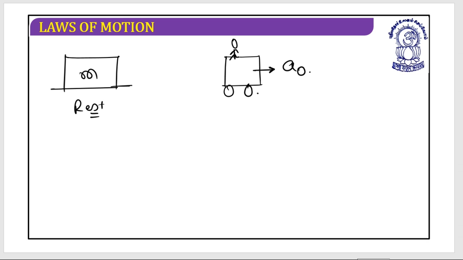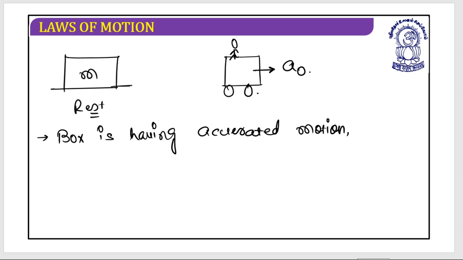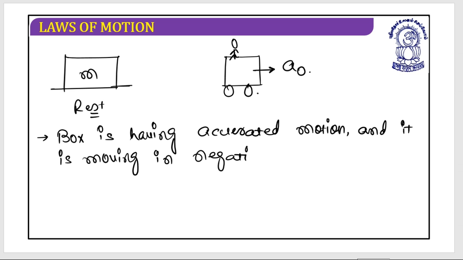So here too you are going to see that the box is having accelerated motion. What you are going to feel is that the box is having accelerated motion and it is moving in the negative x direction with acceleration a naught.